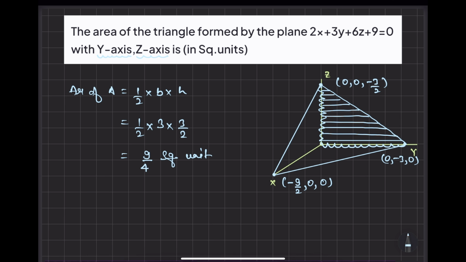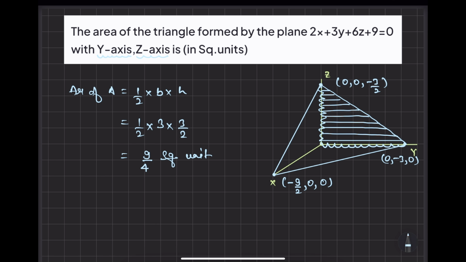I hope the idea is clear and you guys can handle similar situations. Suppose that they ask you to find out the area of the triangle formed by the plane with the coordinate axes.